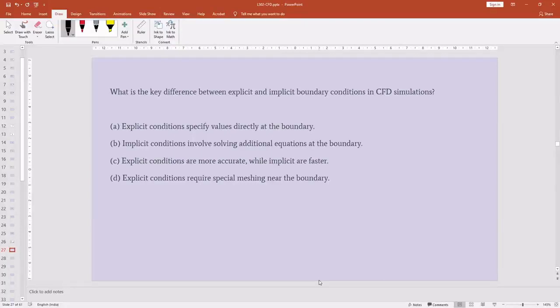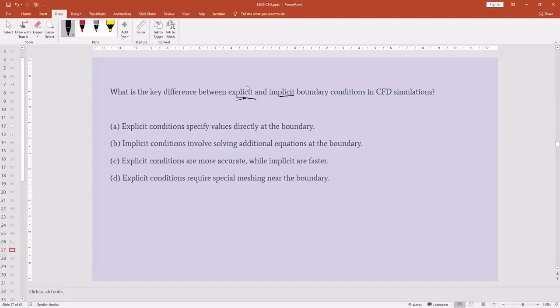So, simply saying, do you know what explicit and implicit boundary conditions are? Actually, it's in the name. The name itself gives away the content. Explicit meaning explicitly expressing. We are specifically specifying what is happening at the boundary.